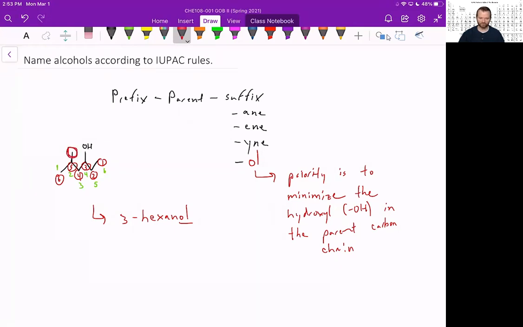The only substituent here is what I've circled in red there. That is a methyl group, and it is on position 5. So we have to use the red numbering for nomenclature to make the hydroxyl group as low as you can.